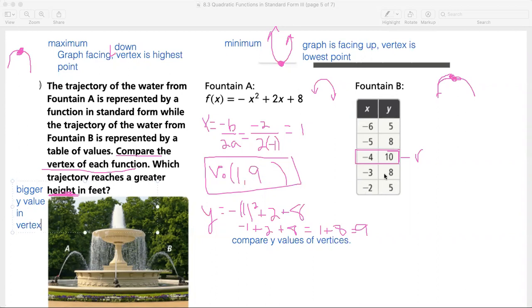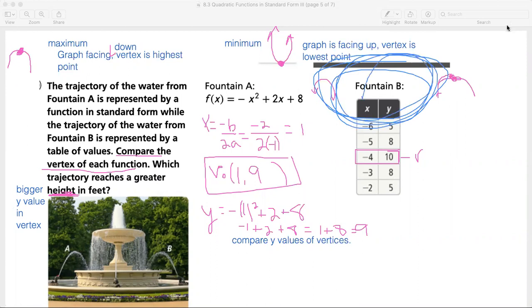Fountain A has a 9, fountain B has a 10. So all this work, and my answer is fountain B. Put it in blue. Woohoo! Fountain B has a greater height and trajectory.